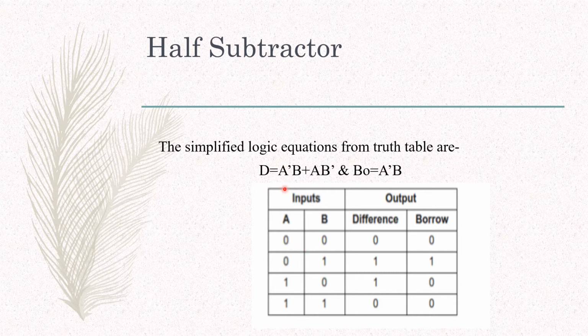So when we put these values over here, negation of A is 1 and B is 0, so this term will be 0 for the first step, plus A is 0 and negation of B is 1, so again this step will be 0 and the sum of the two will be 0. So likewise, simply putting the values for A and B and the values of A negation and B negation for difference as well as borrow, the truth table can be verified. So let us proceed.